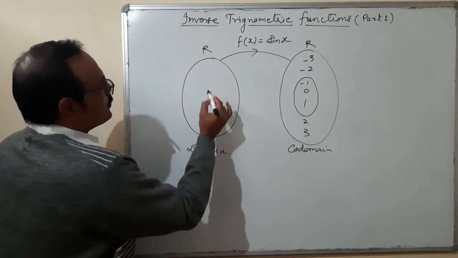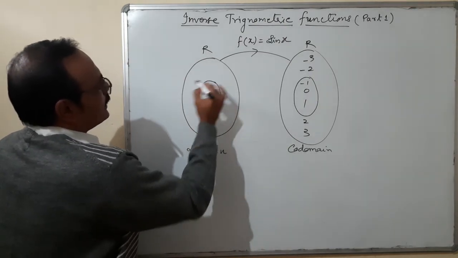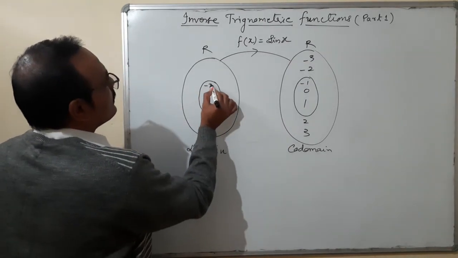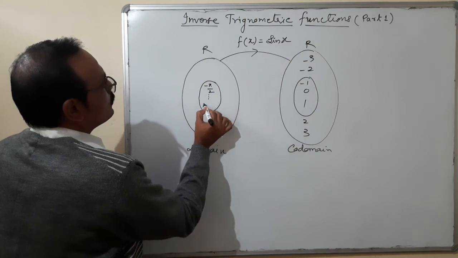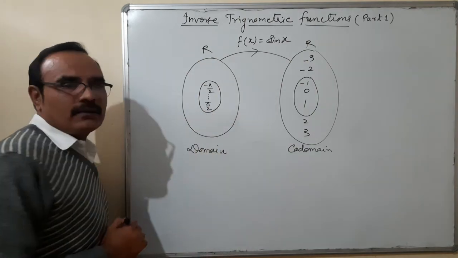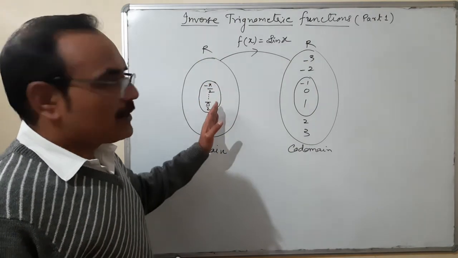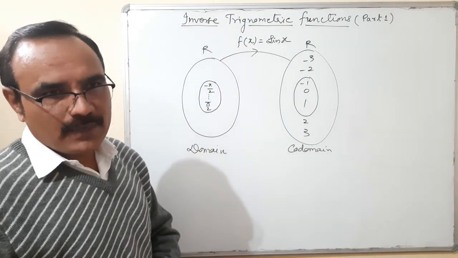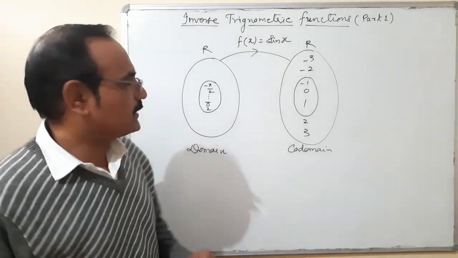a subset of the domain. Suppose I am taking a subset of the domain like -π/2 to π/2, that is -90 to +90, and other values like -85 coming in between.